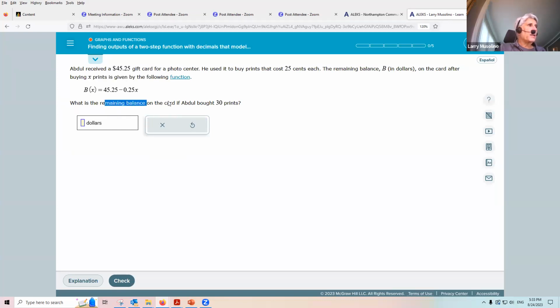It says, what's the remaining balance if Abdul bought 30 prints? Well, in this example, I could see they're telling you really X equals 30. So I'm going to be working out this function B of 30, which means go to that function and anywhere I saw an X, I'm going to replace it with the number 30.